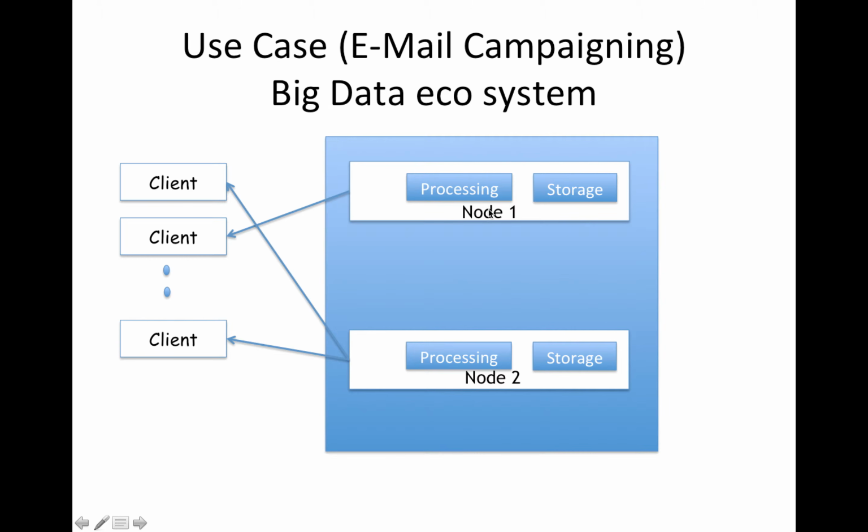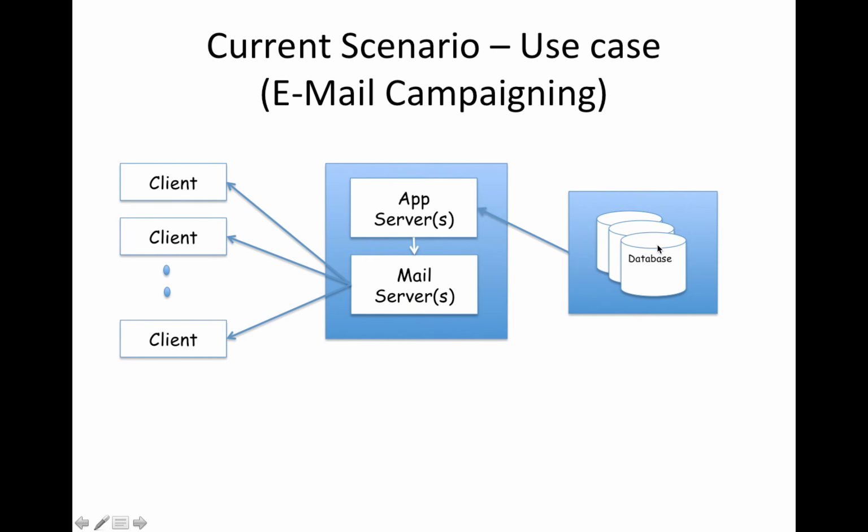Whereas in the tools that are part of the big data ecosystem, your storage and processing will be coexisting. In the previous architecture, as the data will be on a different layer, your databases can be a bottleneck, your app servers can be a bottleneck, or even your mail servers can be a bottleneck, as they are running in different verticals of your infrastructure.